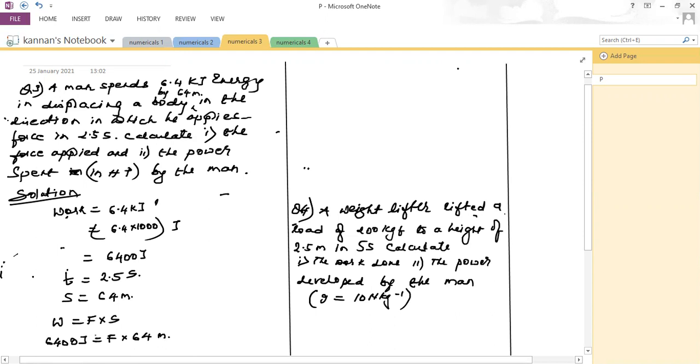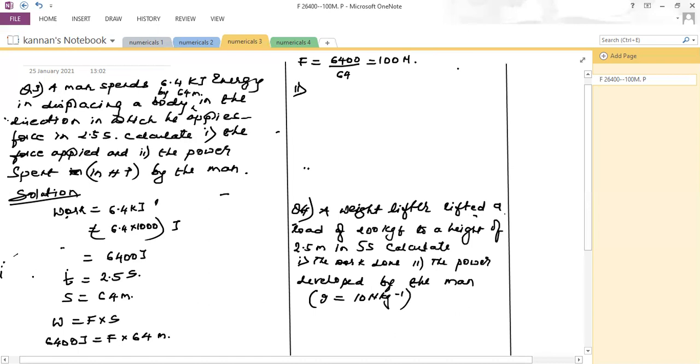So when I do it, force is equal to 6,400 divided by 64. So how much do you get, children? 100 Newton. So what is the first answer? Force applied is 100 Newton.